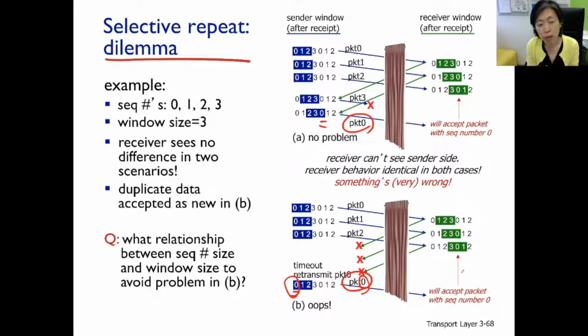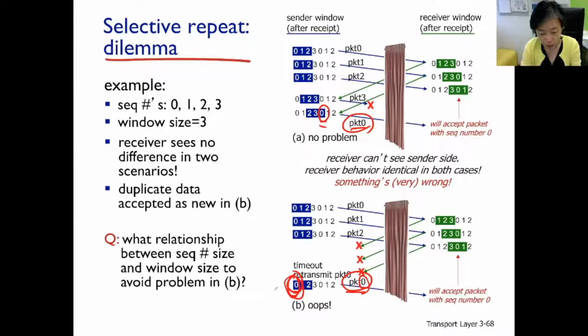So in order to tell this packet 0 and this packet 0 apart, we have to think, what is the worst case? Can we use a sequence number such that we will not be confusing this packet with that packet? A new packet should be carrying a sequence number that's farther away from an earlier packet.